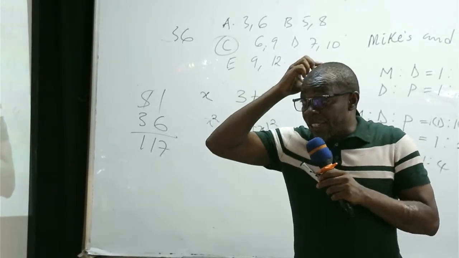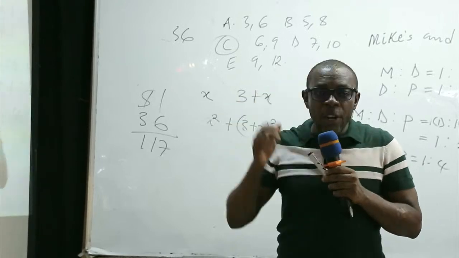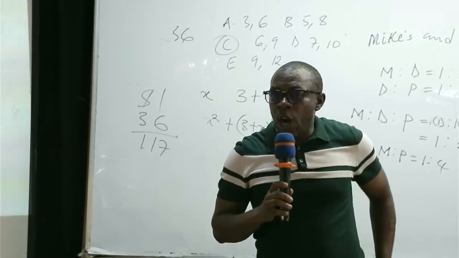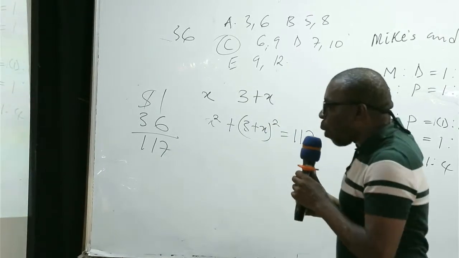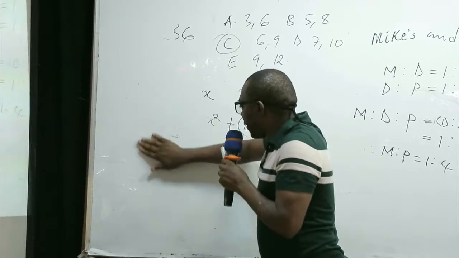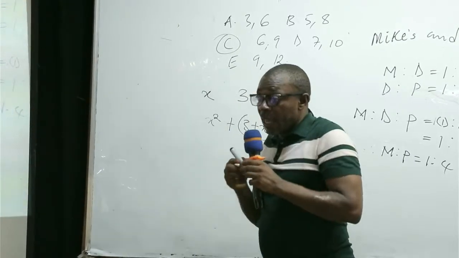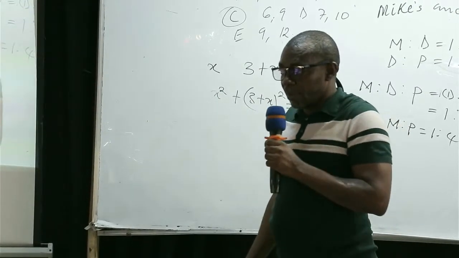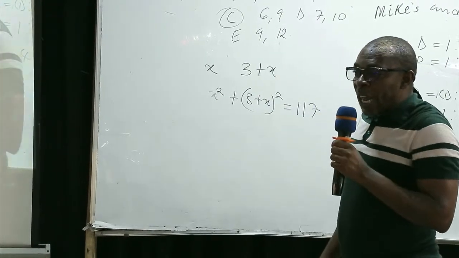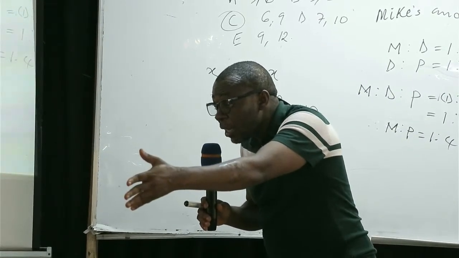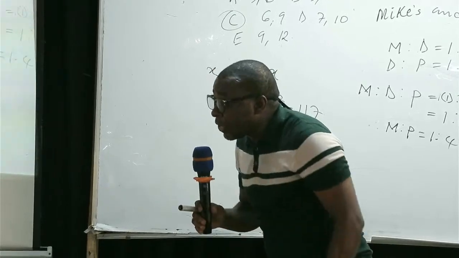You don't understand? Okay, look at it from the beginning. Read the question for me. Two natural numbers. What are natural numbers? Counting numbers: 1, 2, 3, 4.